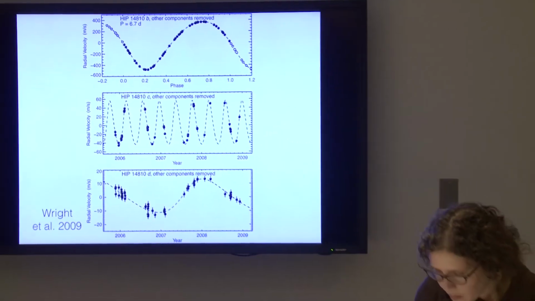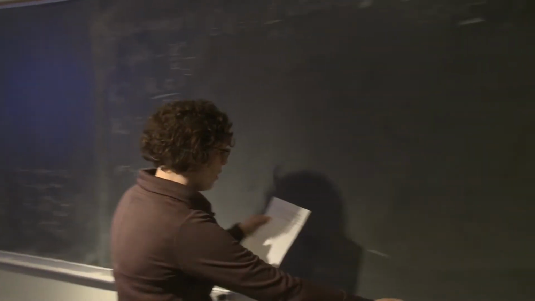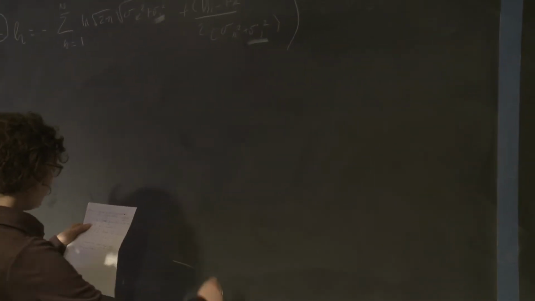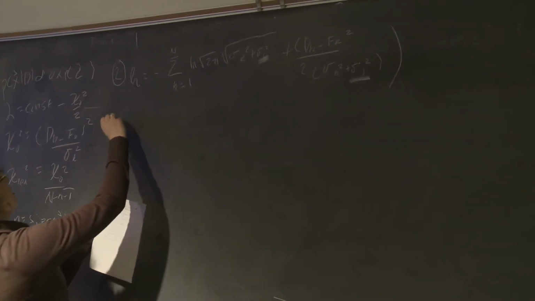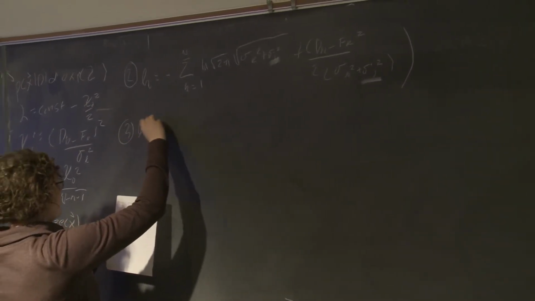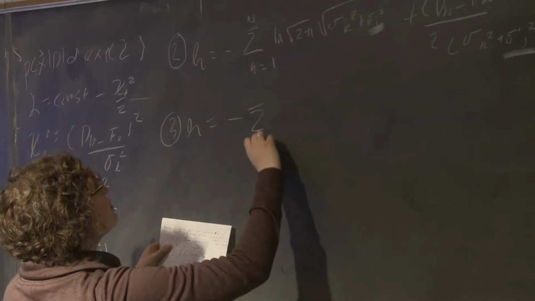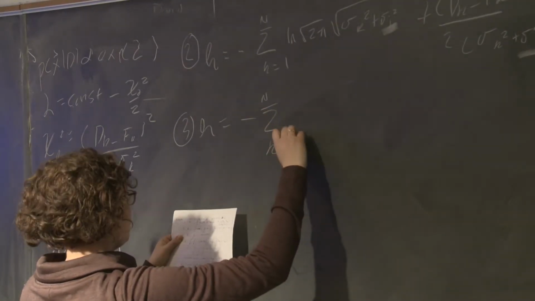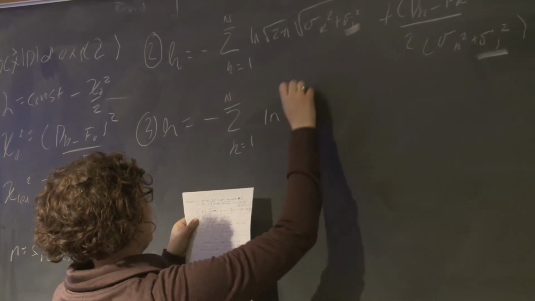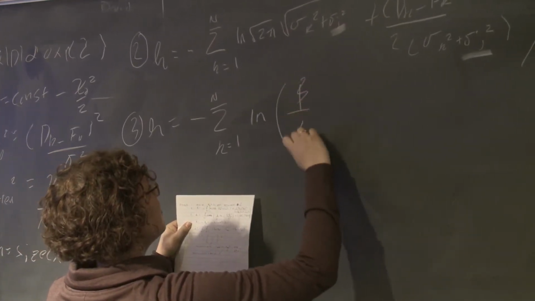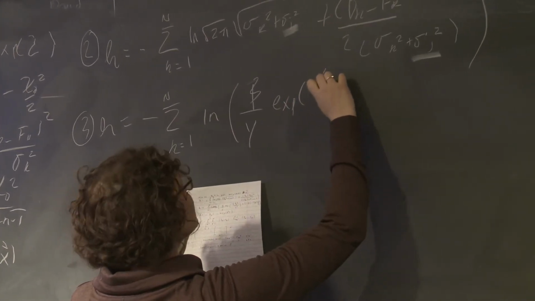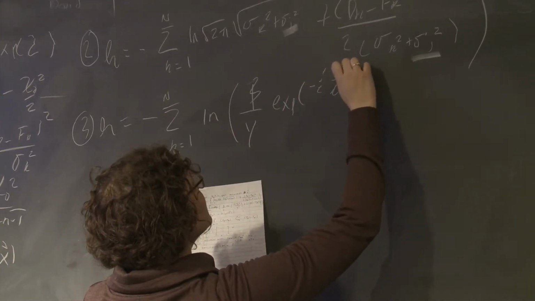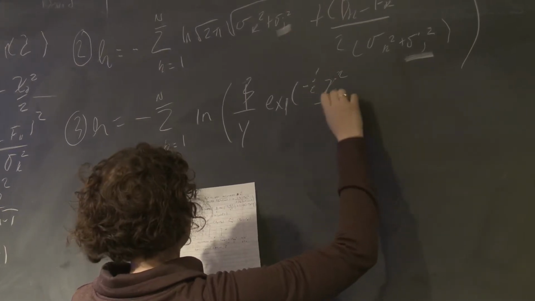And one way to deal with that is to have a model where some of your data is bad or has an inflated uncertainty. So you can say the likelihood is, oops. Sorry, squared.